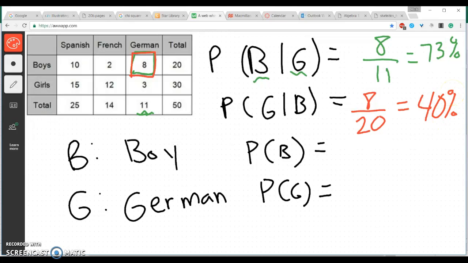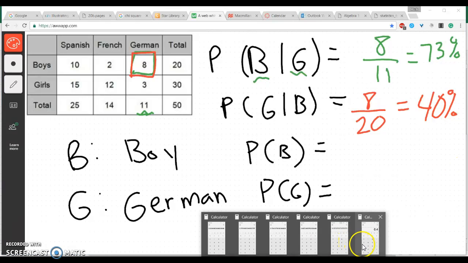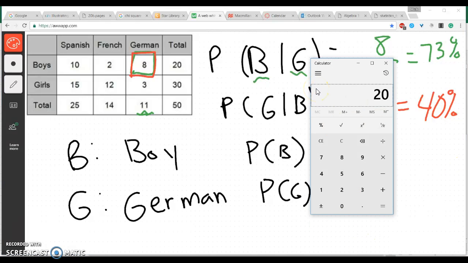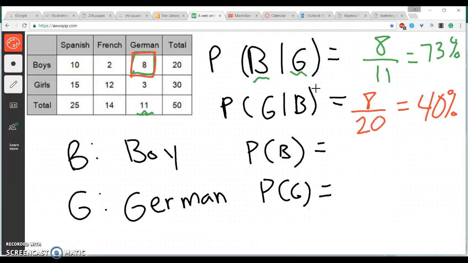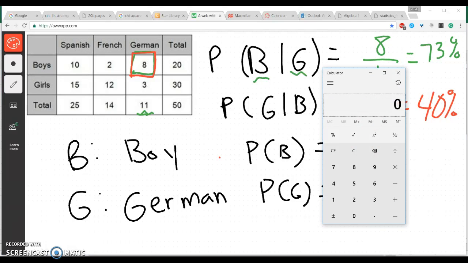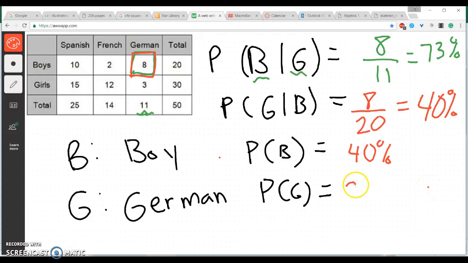Let's find the probability that someone is a boy. The probability that somebody is a boy would be 20 over 50, which would be 40%. And the probability that someone took German would be 11 over 50, which would be 22%.